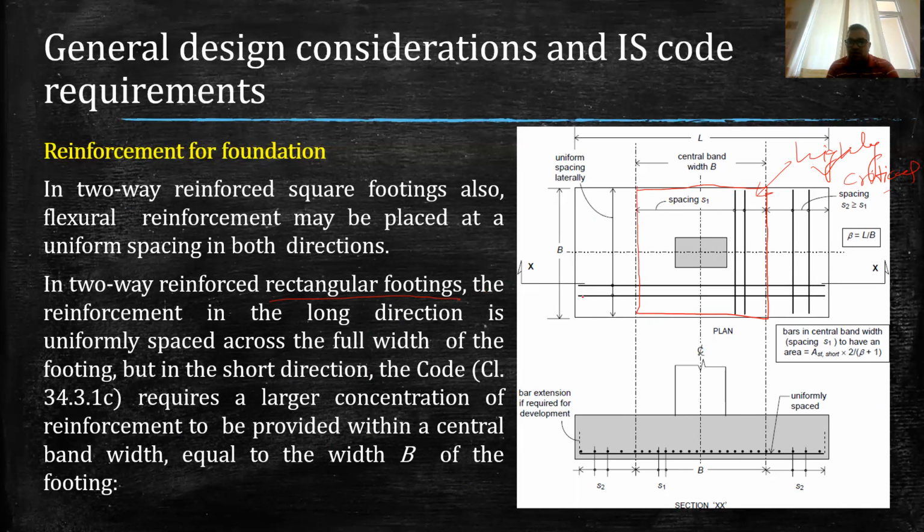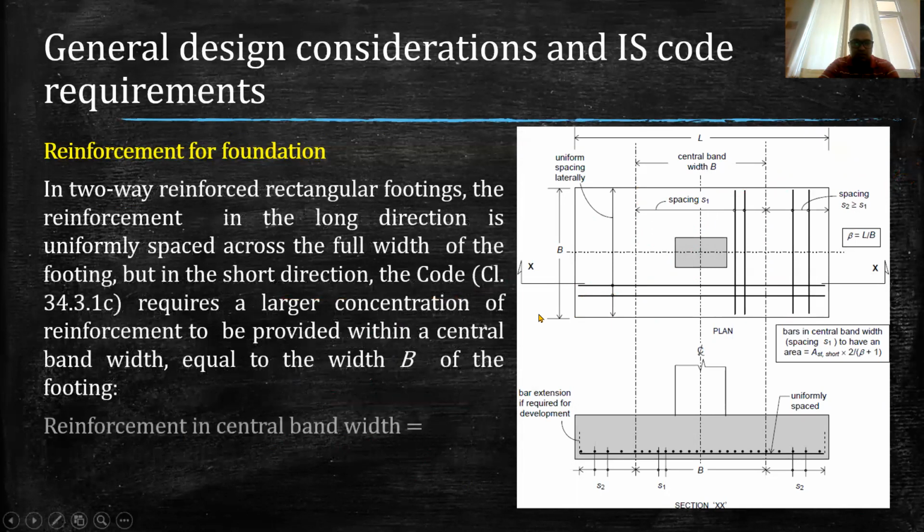So reinforcement along the longer span is divided into two categories: one is the reinforcement in this central band and the other is the reinforcement in these two edges. How do we find out reinforcement in the central band? That can be calculated by using this formula: area of steel in the shorter span multiplied by 2 by beta plus 1. We will see this in more detail here.